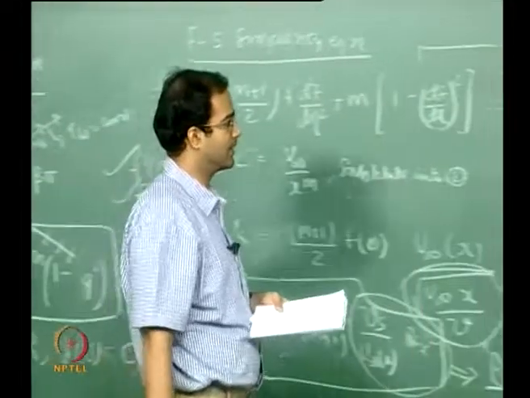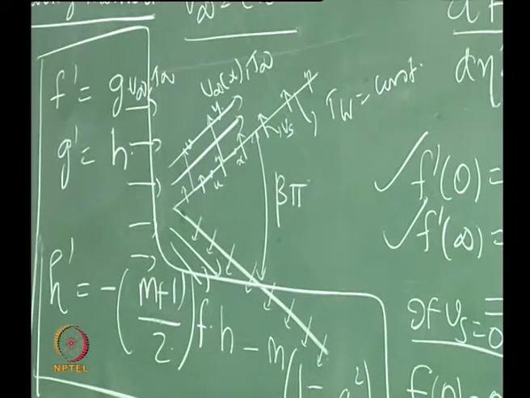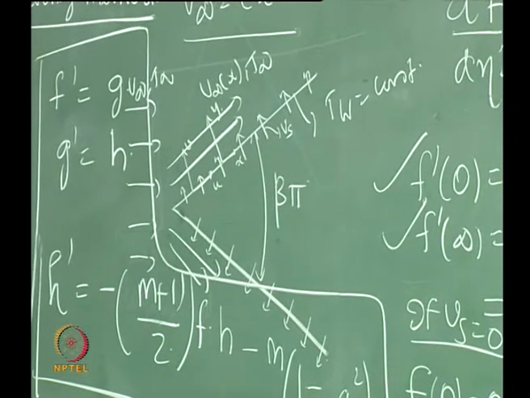So whatever equation that we derived last time for Falkner-Skan, the same thing remains, and the boundary condition is also the same.